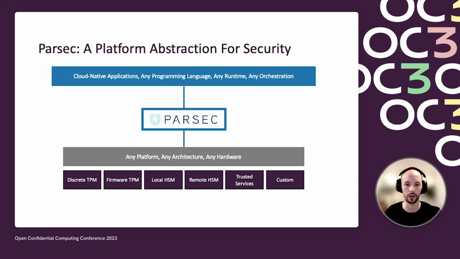And the core goal of Parsec is to allow these applications to provision an identity key for themselves and to use that identity key. So they can provision, for example, a cryptographic key pair in a discrete TPM, or perhaps in a remote HSM or some trusted services running in TrustZone. And then they can use these through Parsec.